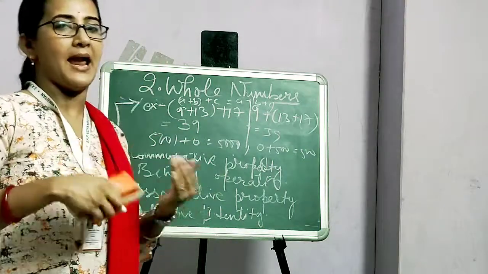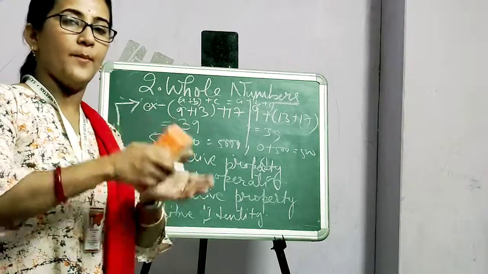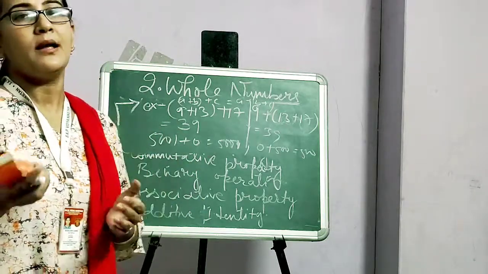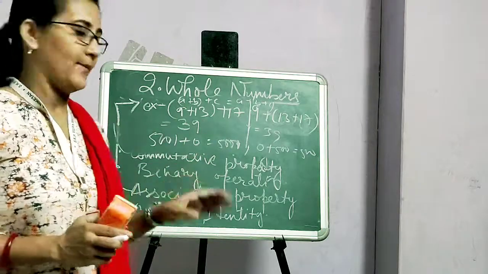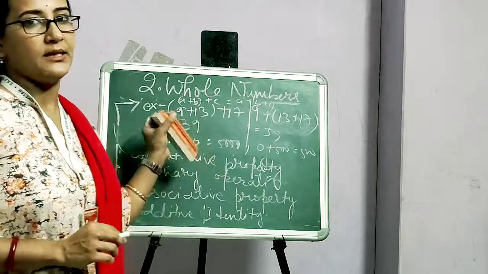Whatever number we add with 0, or 0 to any number, the answer will remain the same. That is the additive identity property of addition in whole numbers.